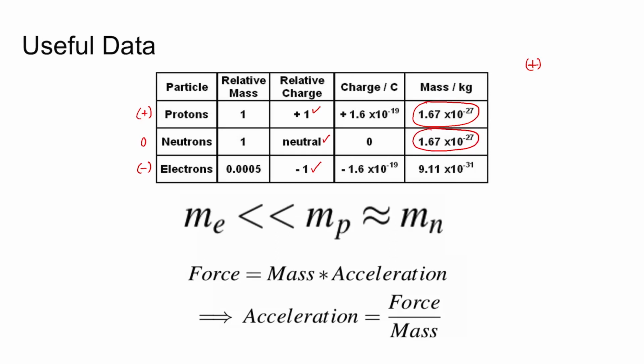So these are the equal masses of proton and neutron. Electrons, whereas, have a much lesser mass, about 10 to the power minus 4 times less. It is 9.11 times 10 to the power minus 31. So we can conclude that the mass of an electron is much less than that of a proton and neutron.